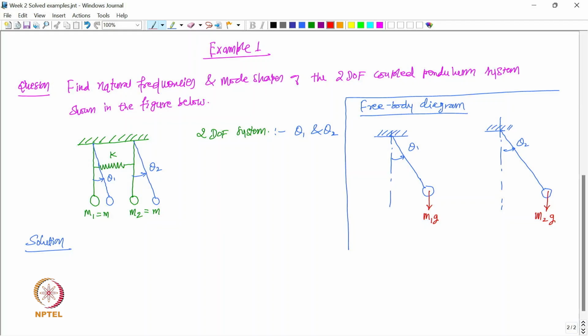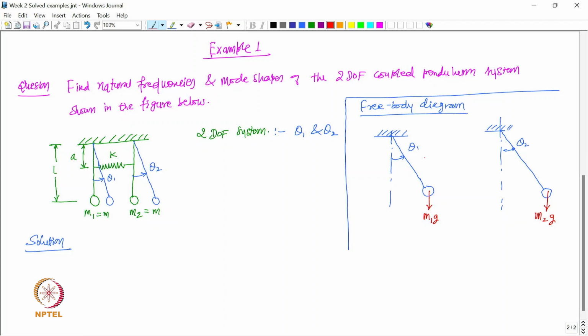Let us say the distance from the support to where the spring is attached to the pendulum is a, and also assume that the length of the pendulum is L. Then we can write down the force due to the spring, how much that force would be.